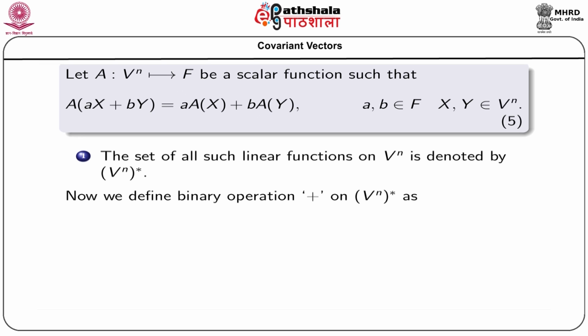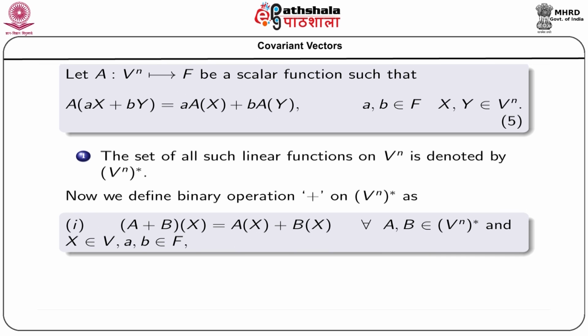Now, on this V_n star, we define two binary operations. One is plus, defined in this way: (A plus B)(x) equals A(x) plus B(x) for all A, B belonging to V_n star.